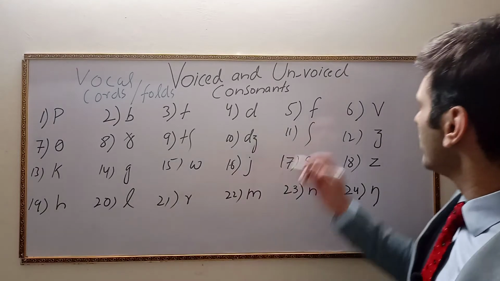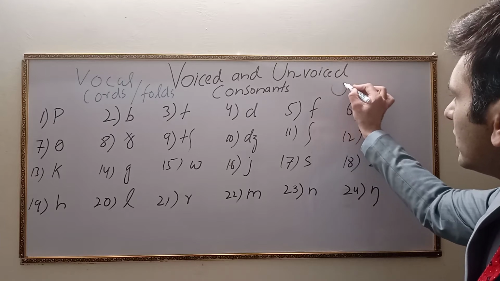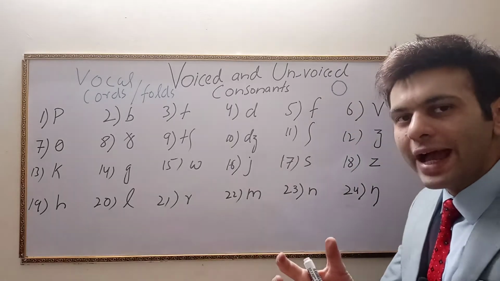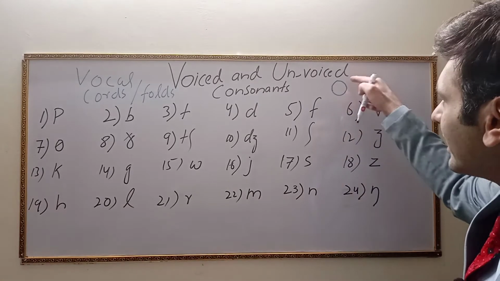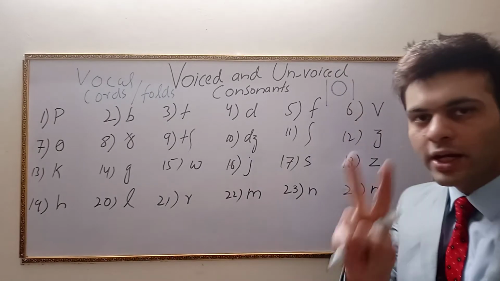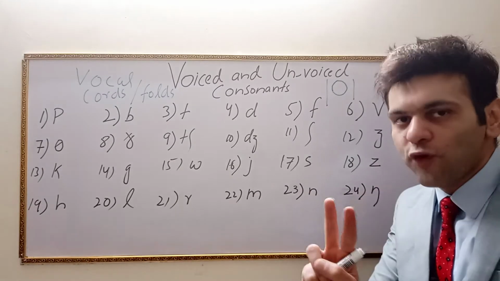For example, let's say this is the glottis, an apple-like component, and it is enclosed between two vocal cords or vocal folds.